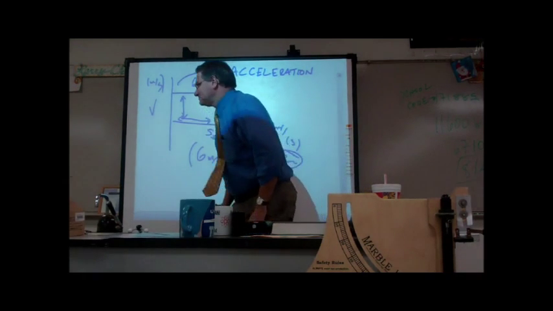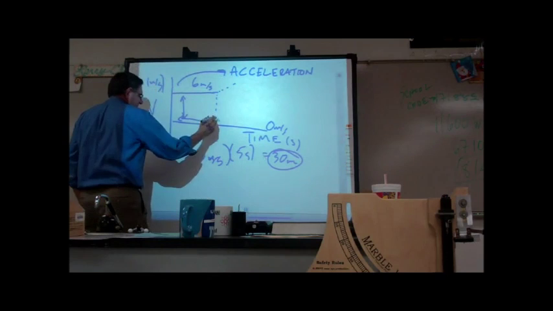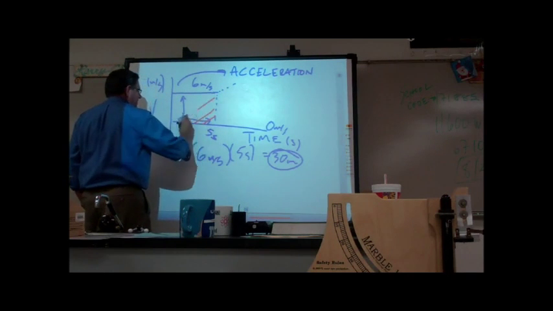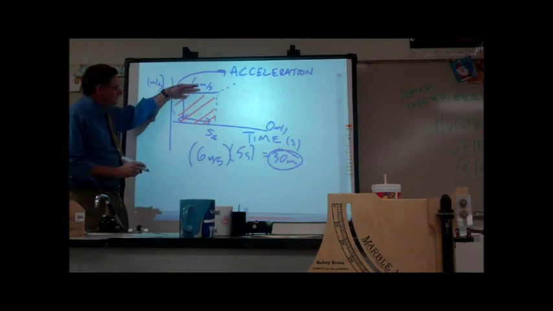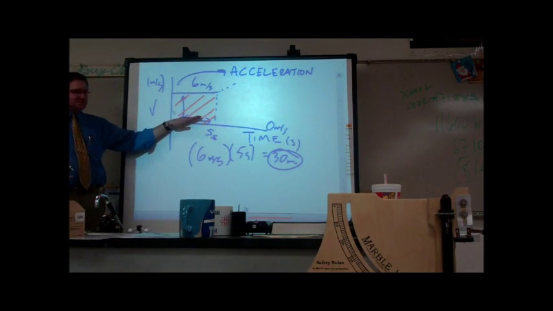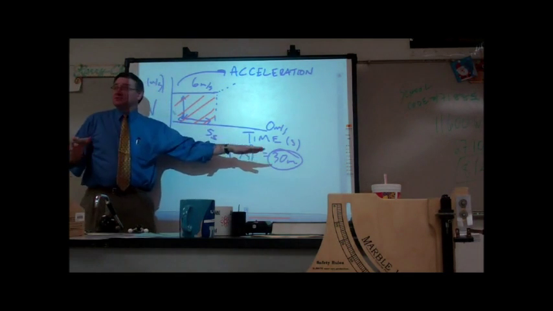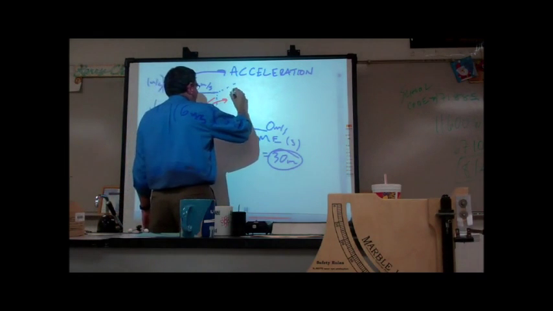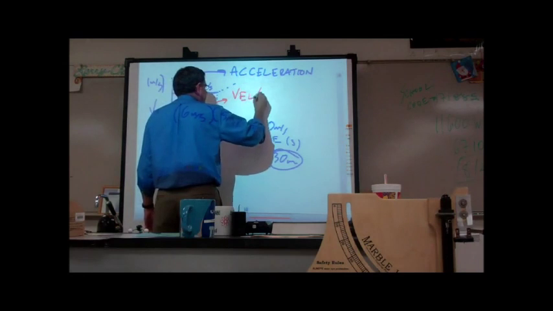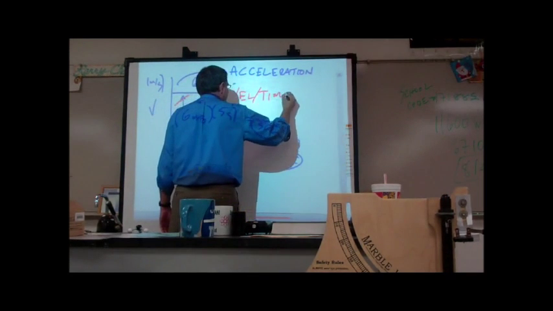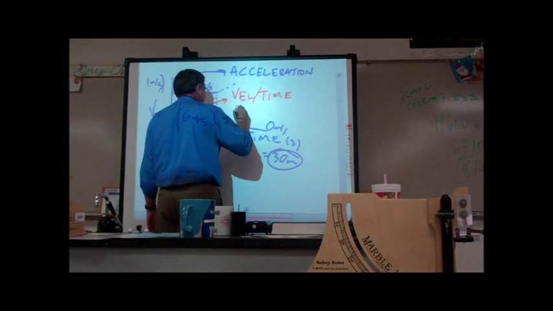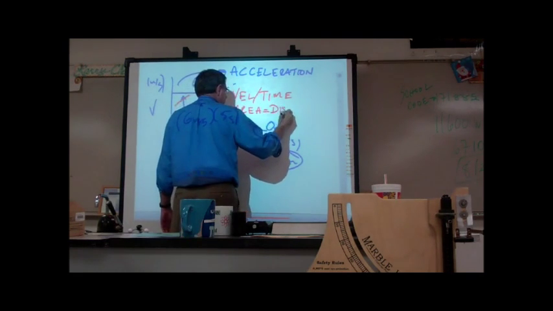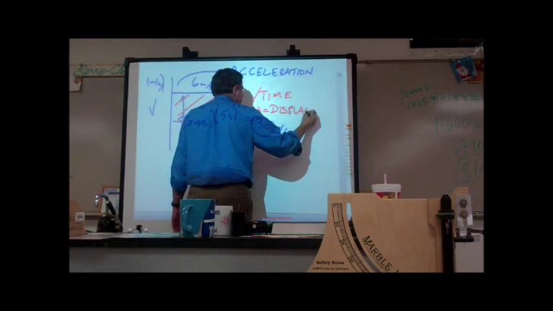Okay. Now, I'm really not trying to be that tricky. So, this area right here, between the line and 0 meters per second, oddly enough gives you displacement. So, on a velocity time graph, area equals displacement.